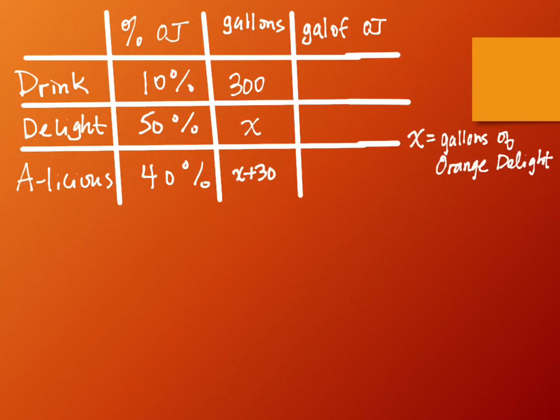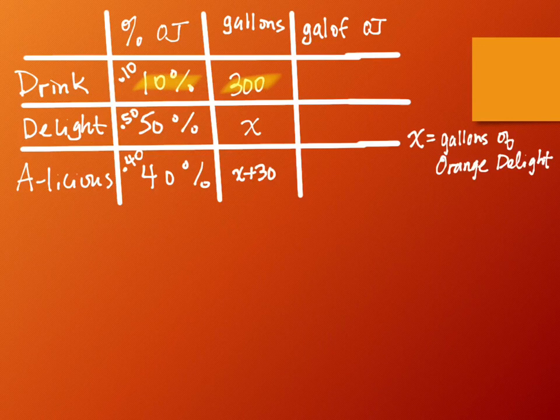In particular, if you take these two quantities and you multiply them together, that will tell you how much orange juice you had. But the 10%, much like on our earlier problems where we've had percent, is the decimal 0.10. This is the decimal 0.5 or 0.50, and this is the decimal 0.4 or 0.40. Right? That's the decimal associated.